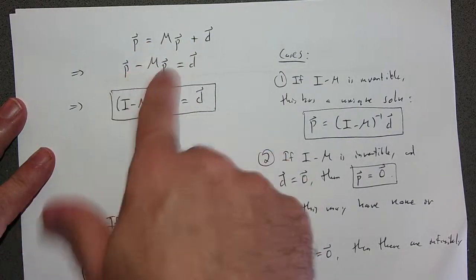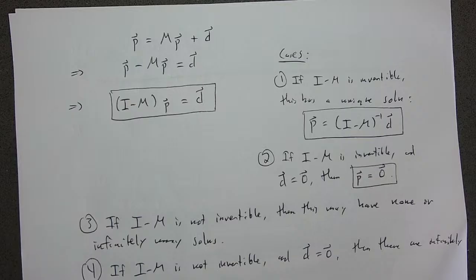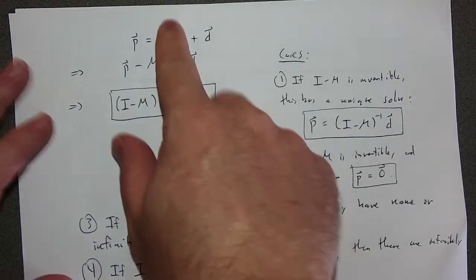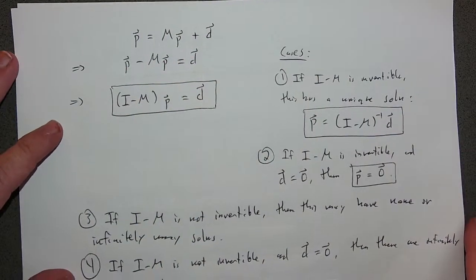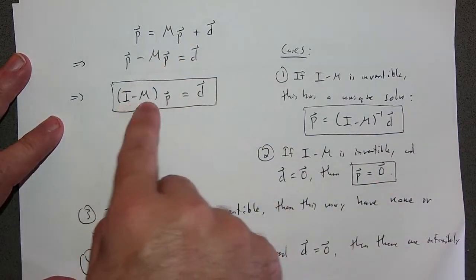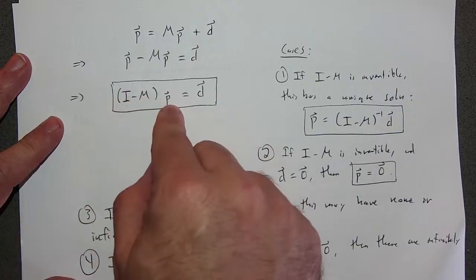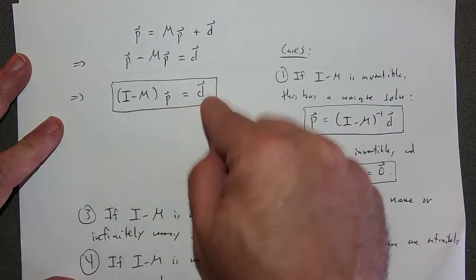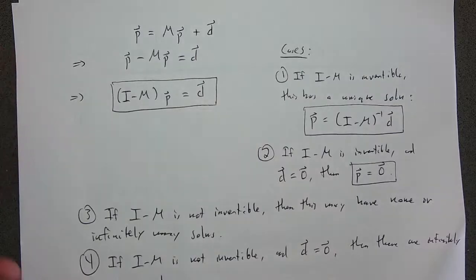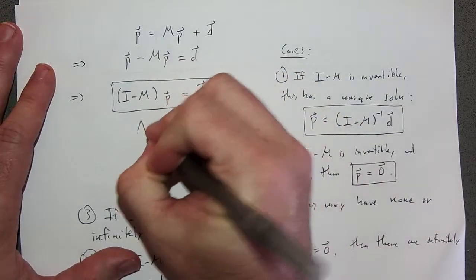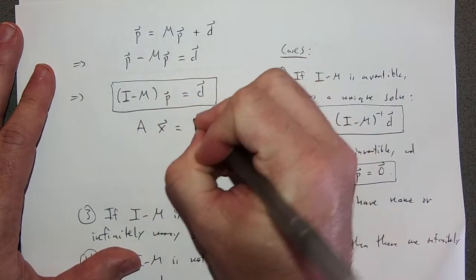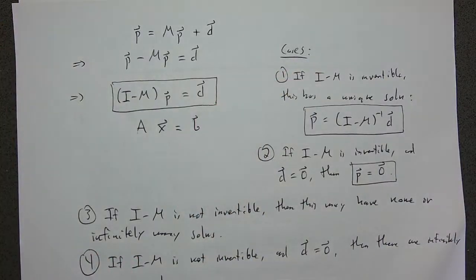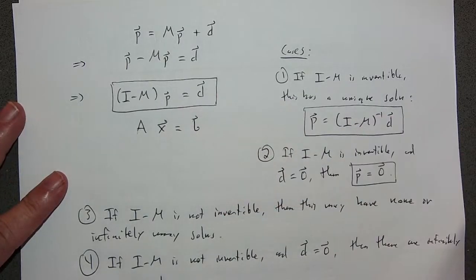Rewriting this, you might notice it's similar to an algebraic move that we do when we're talking about eigenvalues and eigenvectors. So we get this quantity here: a matrix times the vector that we're solving for is equal to some right-hand side vector. This is AX equals B. Hey, our favorite equation, the equation that linear algebra is centered around. So we're happy here, and we're solving for this vector P.